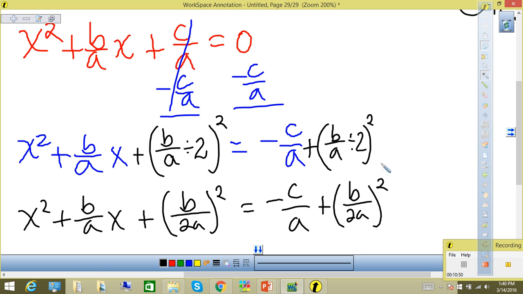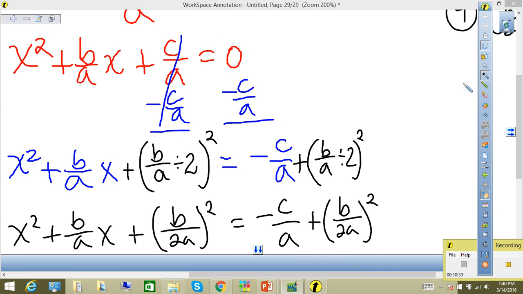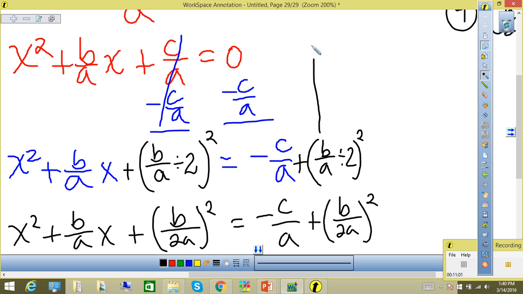So some of you are asking, Mr. Q, how did you get from this to b over 2a? Very good question. I want you to draw a little thinking bubble right here.